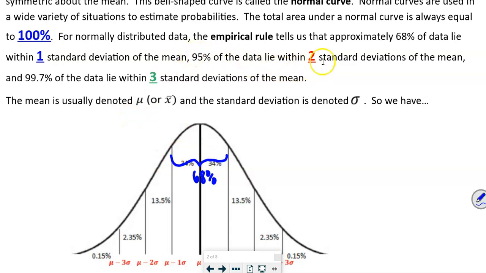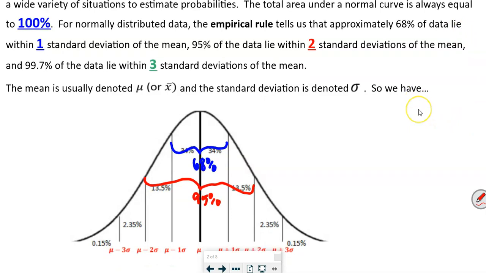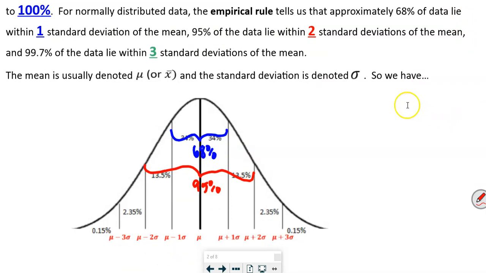Then 95% of our data is going to lie within two standard deviations of the mean. So if we look at all the data from here, that's two standard deviations away, and this is two standard deviations away, that's going to be 95% of our data, like a shaded area under the curve. And the last one is three standard deviations.